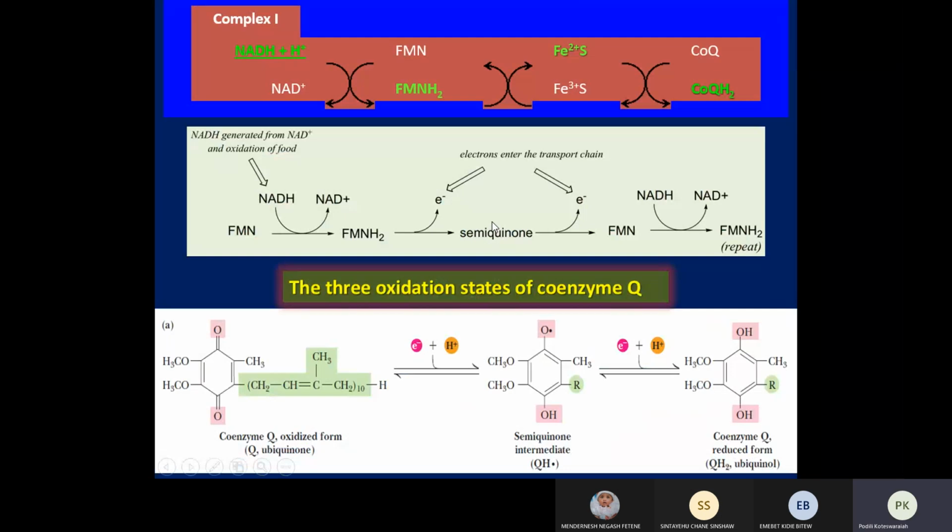As I already said, ubiquinone can accept only one electron at a time. When it accepts one electron, it becomes semiquinone. When it accepts a second electron and protons, it becomes ubiquinol, or the reduced ubiquinone.